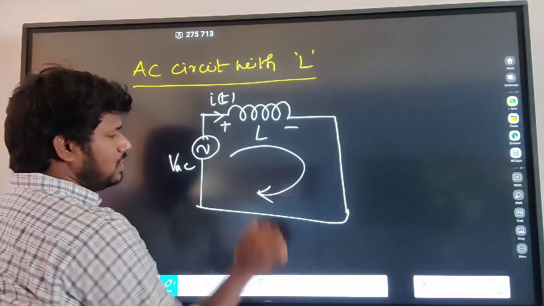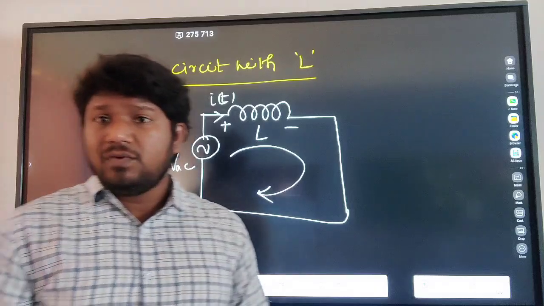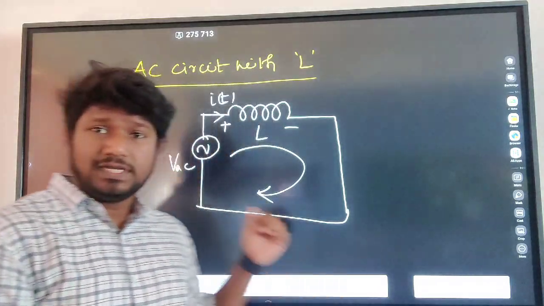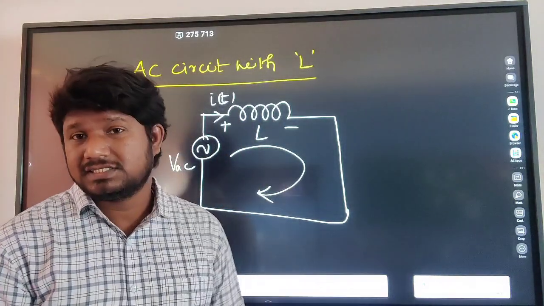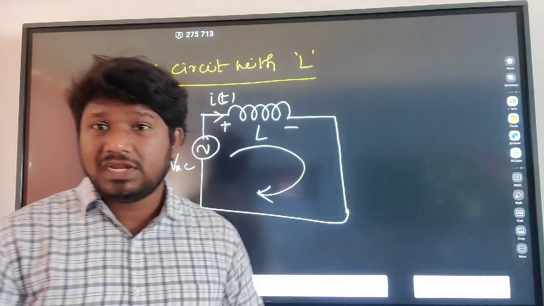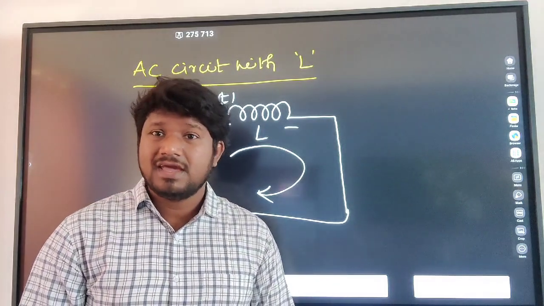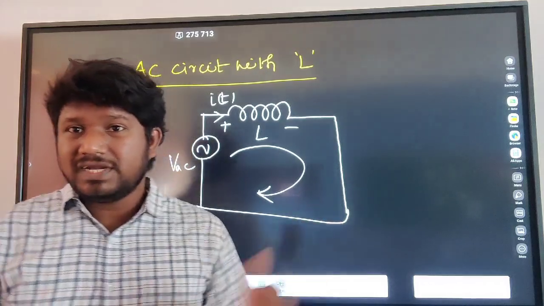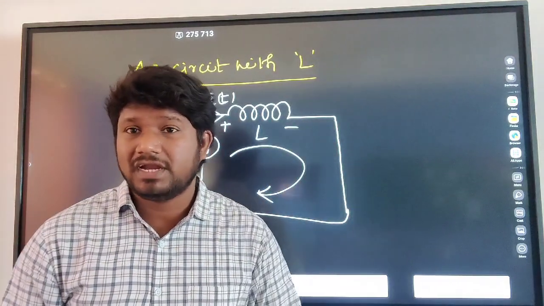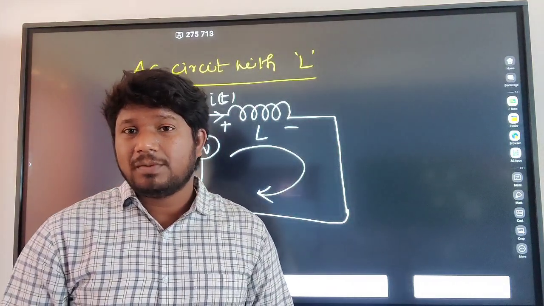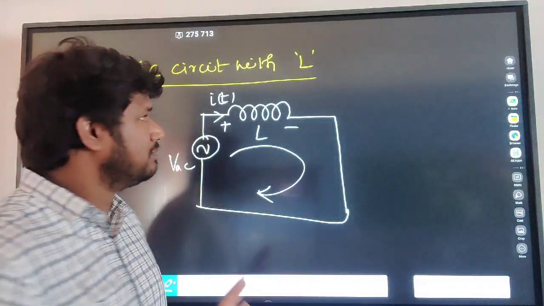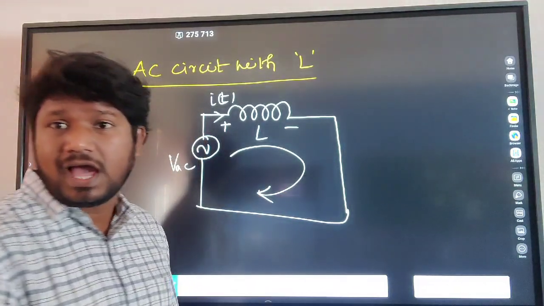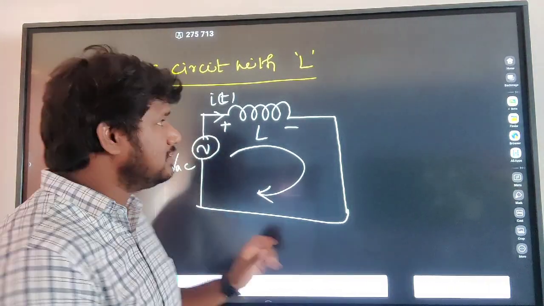You can make a loop also. I want to talk about the voltage and current analysis here. Here also what do we need to apply? We need to apply KVL analysis because it's a loop. If there are multiple branches, then we need to apply KCL. Now this is a loop, so I want to apply KVL.